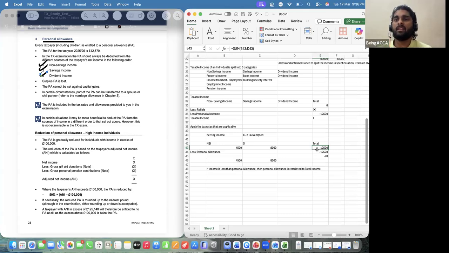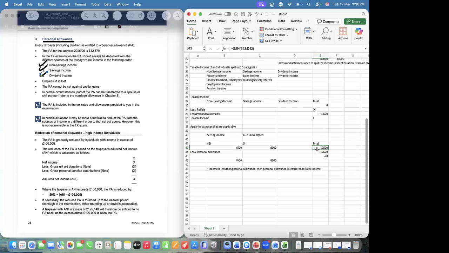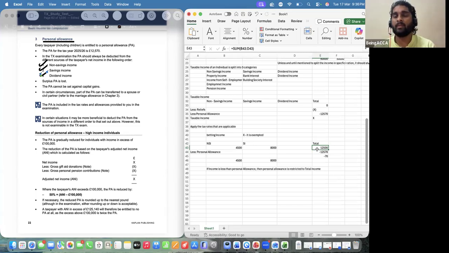But do you think this 12,570 actually affects any person who is of the higher income range? Like, do you really think someone in the range of Mukesh Ambani would be affected by the 12,570 pounds? Not as much as the lower class. Correct. Not as much as the lower income people.